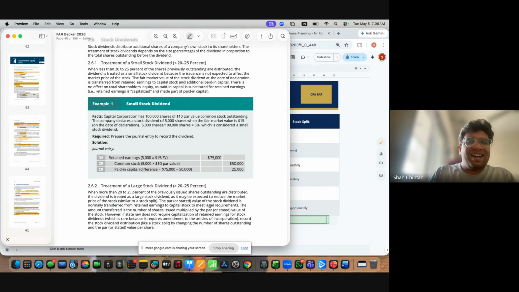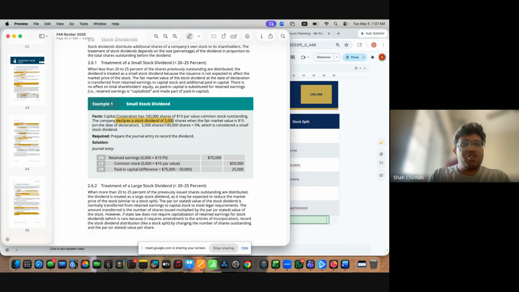For example, a capital corporation has 1 lakh shares of $10 par value outstanding. The company declares a stock dividend of 5,000 shares. So it is roughly 5%. So 5,000 divided by 1 lakh shares, a 5% stock dividend, less than 25%. So it's a small stock dividend.